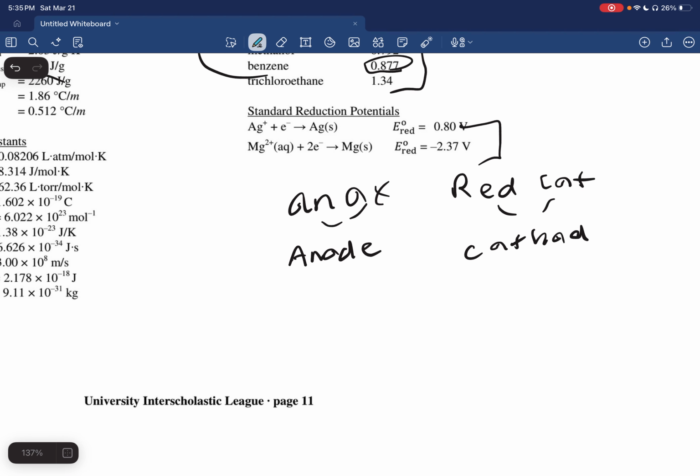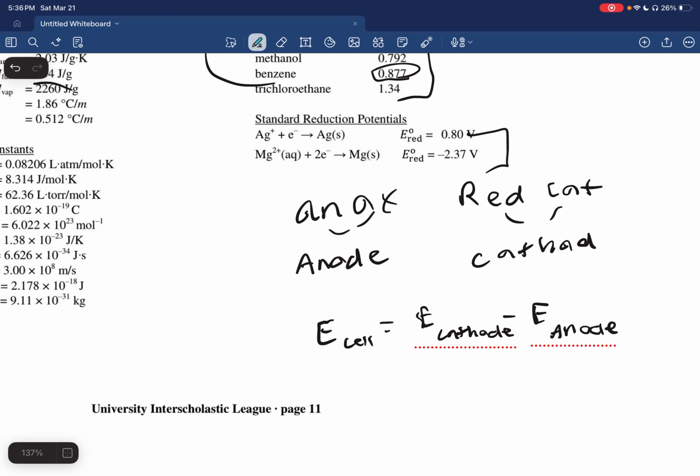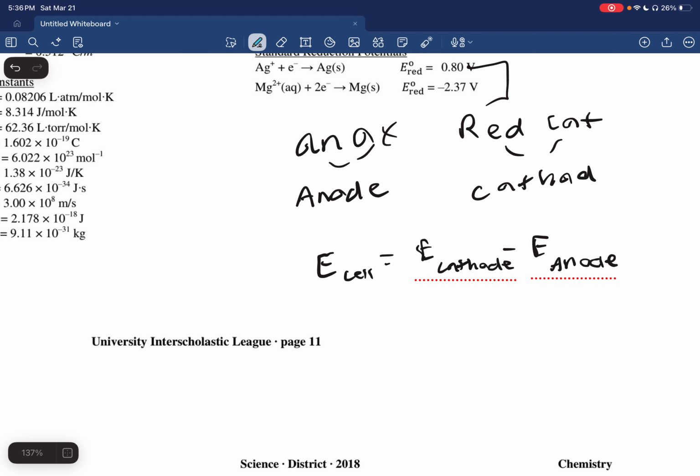And our standard cell potential, so E for our cell, will equal the E of our cathode minus the E of our anode. And we just found that our cathode is silver because it is gaining electrons, and it's reducing.